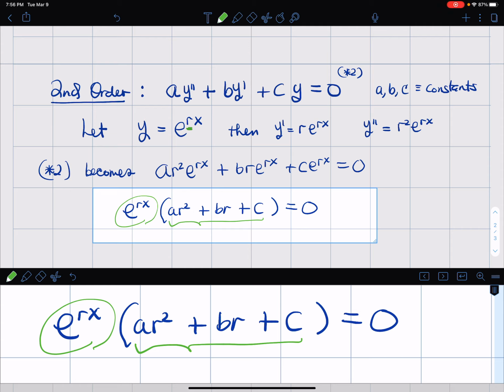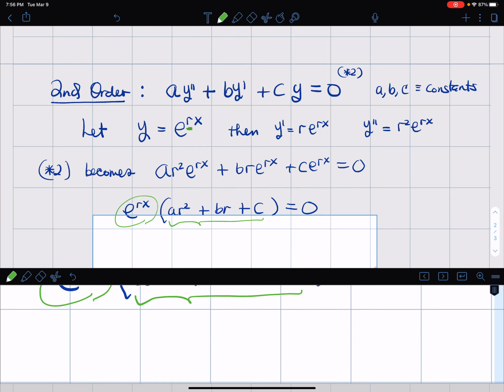Because if e to the rx is a solution, then any constant times e to the rx is also a solution. And we know that from the theories we studied before, that if f1 is a solution, then c times f1 is also a solution. If f1 and f2 are solutions, then c1 times f1 plus c2 times f2 are also solutions.